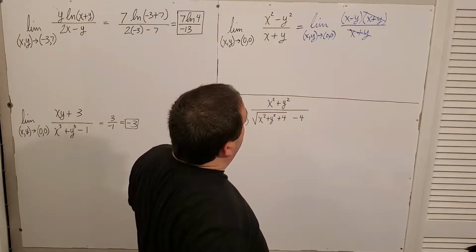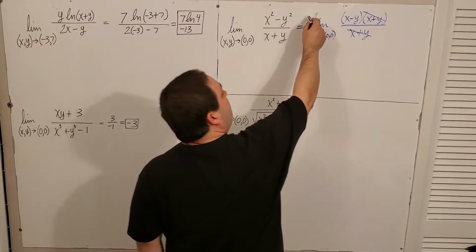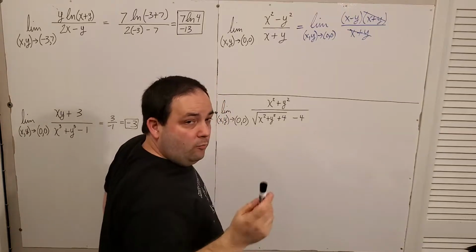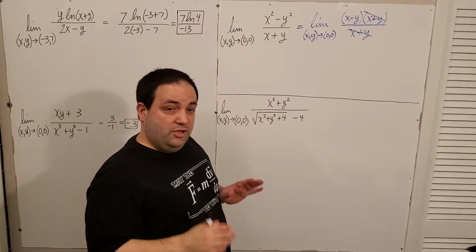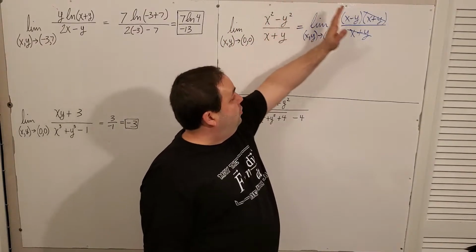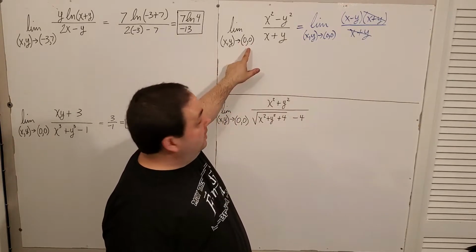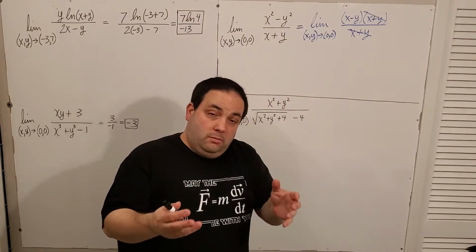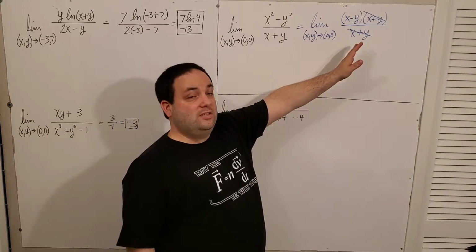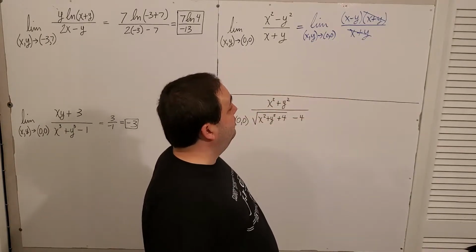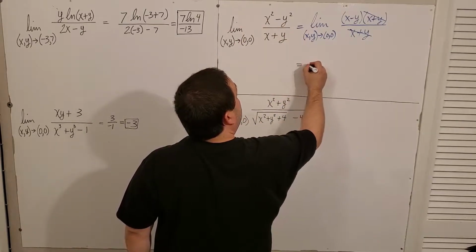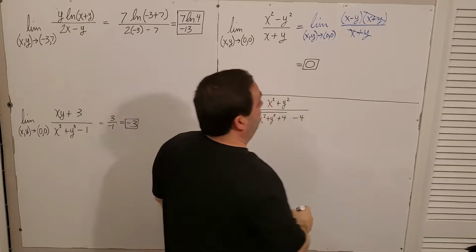So this is equal to the limit as (x,y) approaches (0,0) of x minus y. And remember, this wouldn't fly if this was just the function, because the function itself is not equal to x minus y at 0, 0. The function is undefined there. But the lovely part of this being a limit is we're not at 0, 0, so I can do this simplification. Then when I plug in 0, 0, I just get 0 minus 0. So the value of my limit is equal to 0.